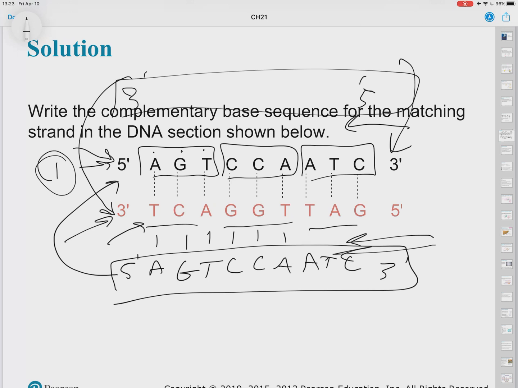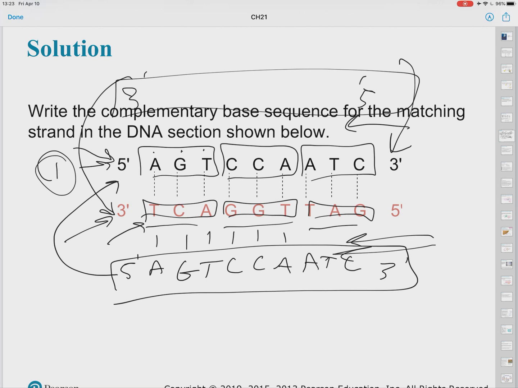Whatever you would draw would ultimately be this thing, but that's not the strand that we want. The 5' to 3' strand that you just drew is not the strand that you would interpret to get protein information from. So again, don't worry about that right now. But that's a lot of where the confusion comes in, when we're talking about the direction that it's read or that it's written.